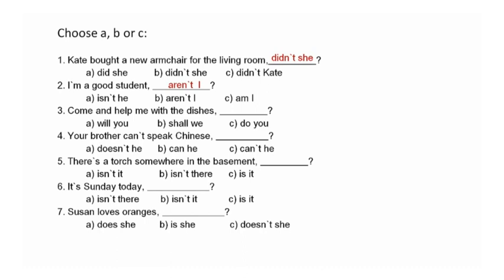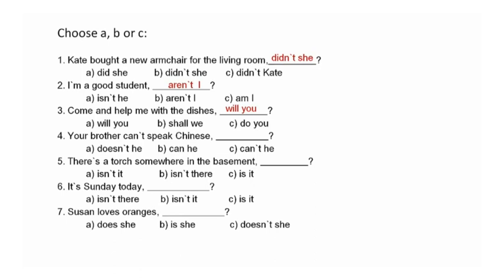Number 3. Come and help me with the dishes. What do you think is the correct question tag for this sentence? Is it will you, shall we, or do you? The correct answer here is will you. This is the imperative, and in each imperative we use will you in the question tag.